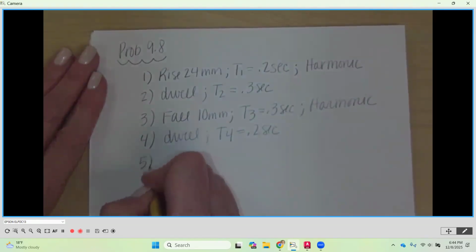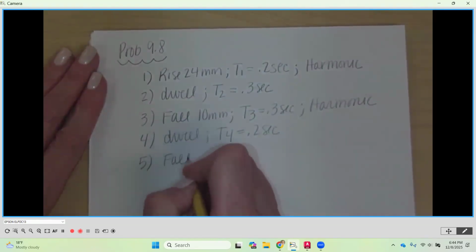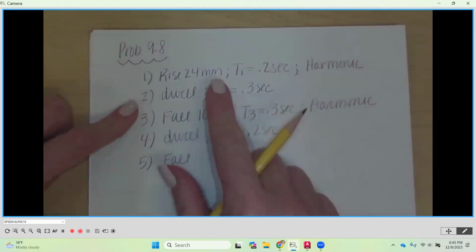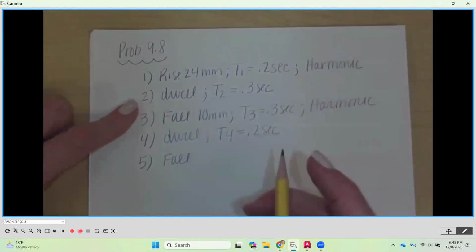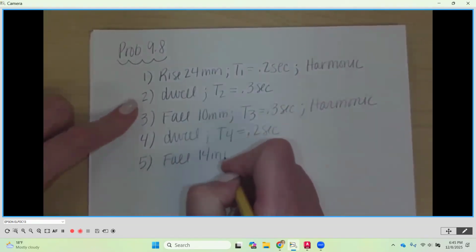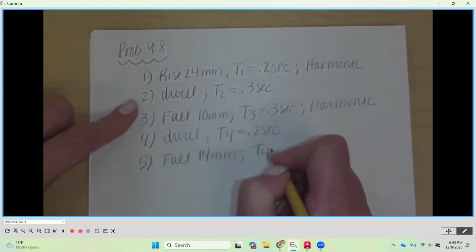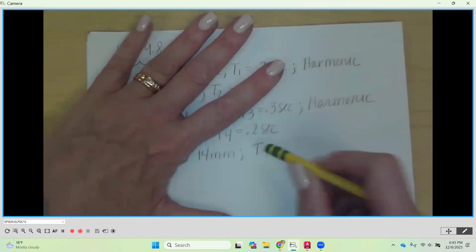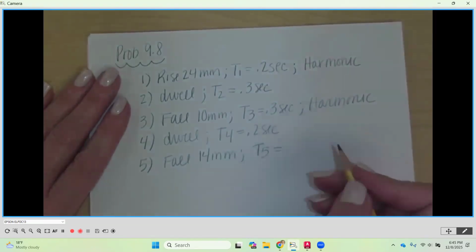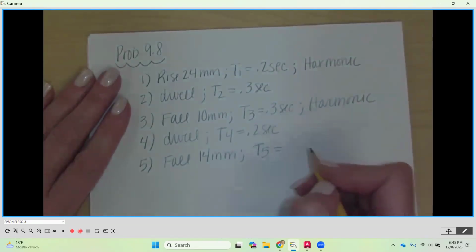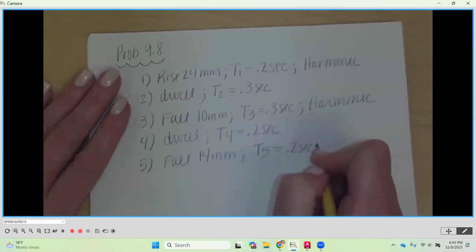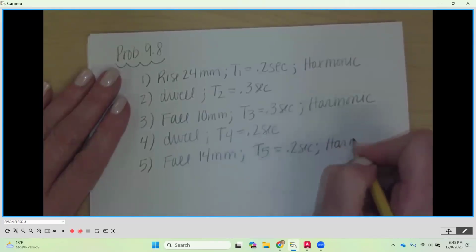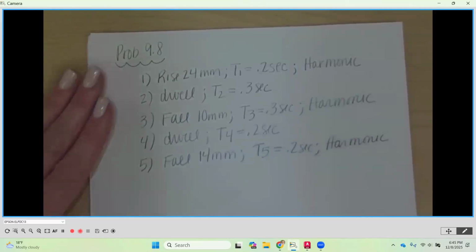And then our last step is going to be a fall because we went up 24, we only came down 10. So we've got to fall the last 14 millimeters in T5, of 0.2 seconds. And that is also going to be harmonic.